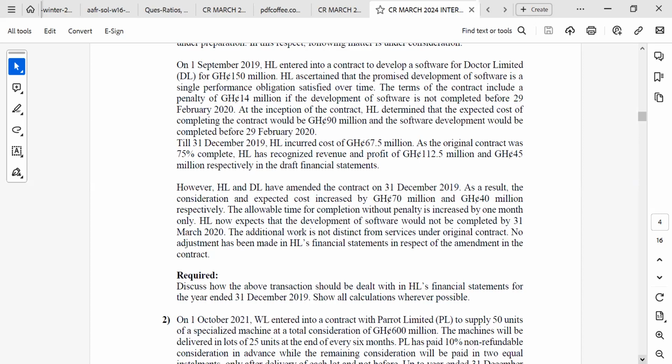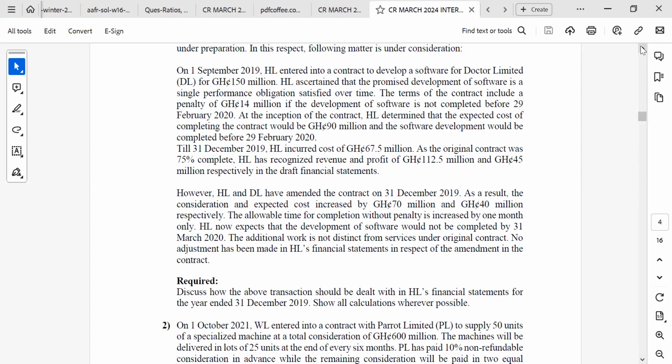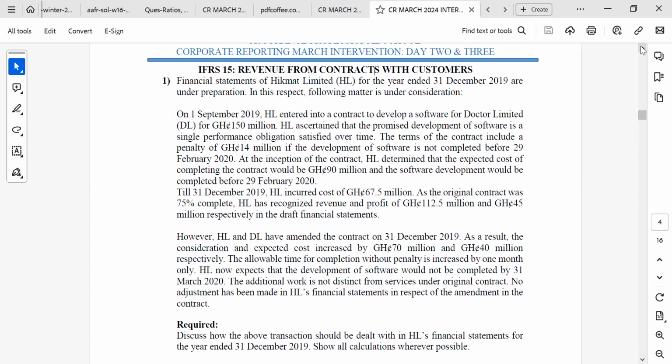This thing is not difficult though. It's not anything. First of all, what we have to know is how revenue should be recognized, and you have to know the type of contract this is. You can see that this is like a construction contract, or a manufacturing contract.